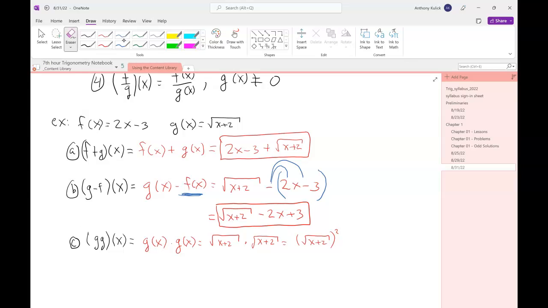So this thing in the red that I have, is that as far as I can go? No, what can I still do? The squared can cancel the square root. So we're just left with x plus 2.